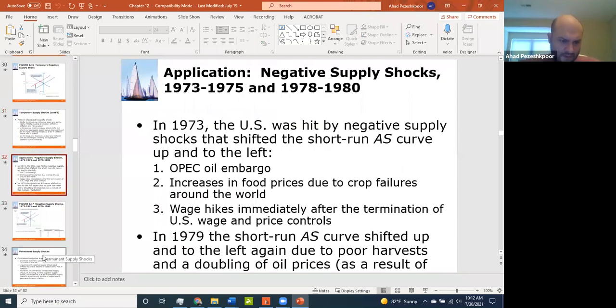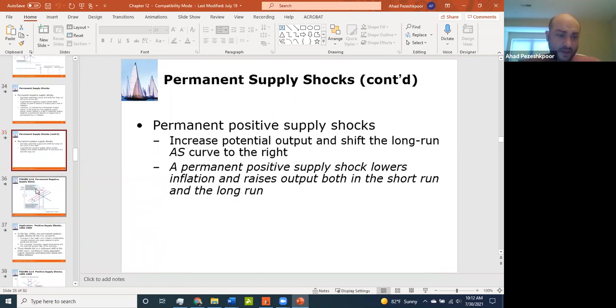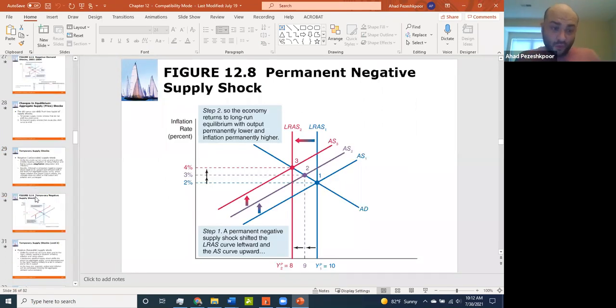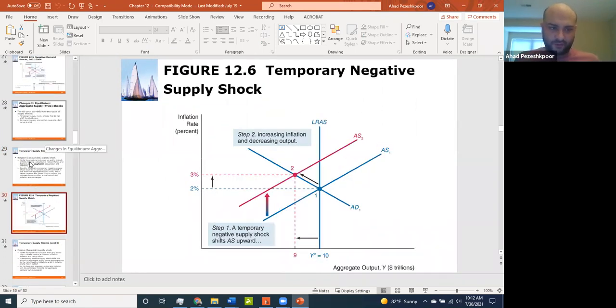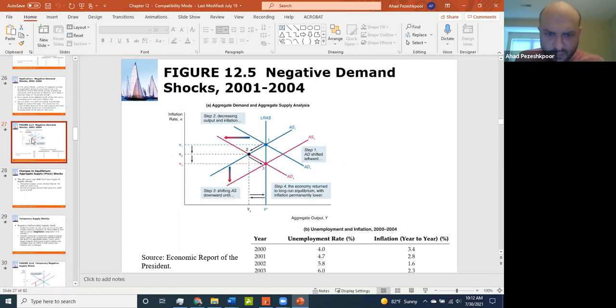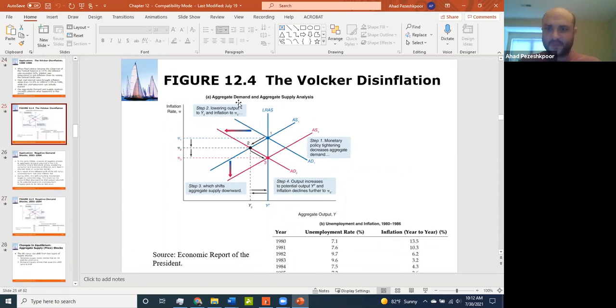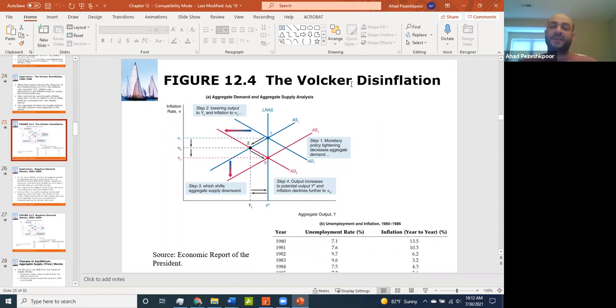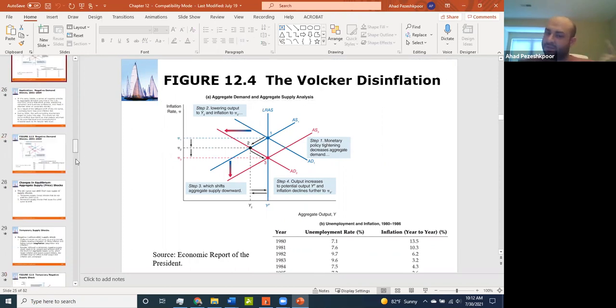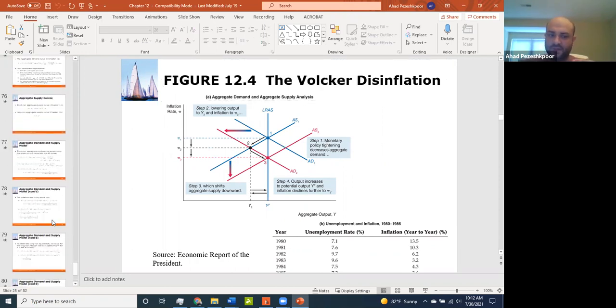Okay, I can't find it. The head of the central bank moved to lower the inflation rate. It was in these few slides. Yes, this one. Yeah, the Volcker disinflation. Unless you act. So the self-correcting mechanism only brings you back to previous levels of output.